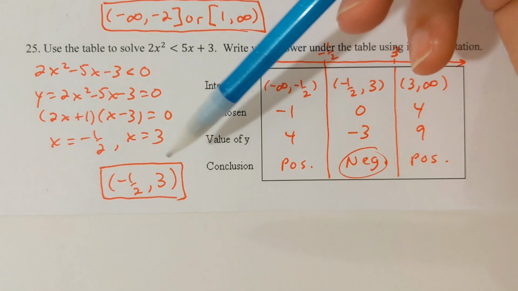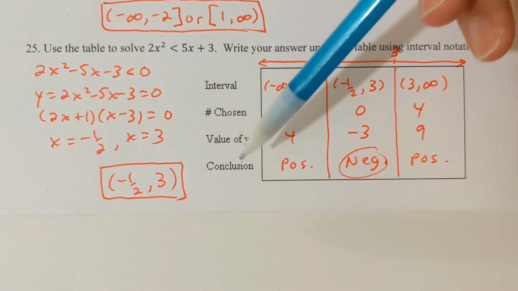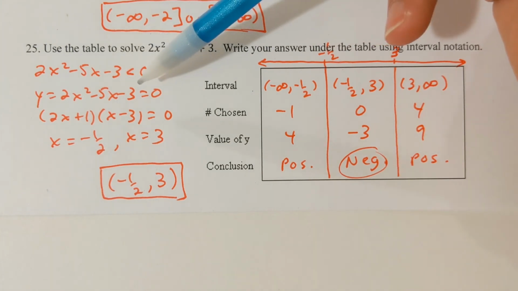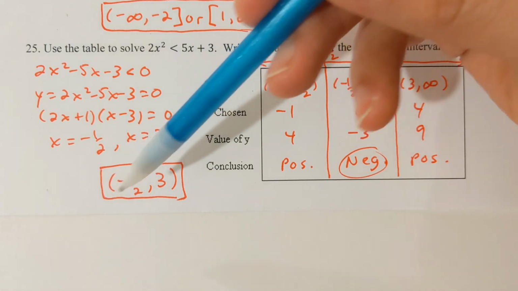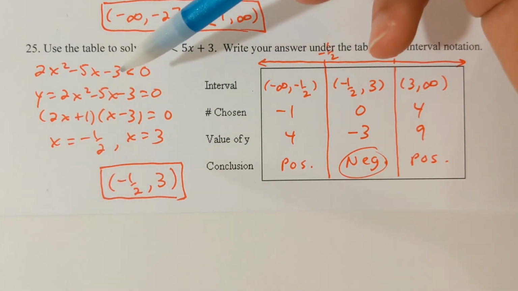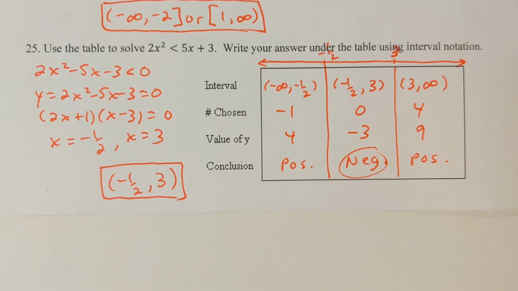Now, I would just simply write the interval down there. This is a strictly less than sign, right? So if it were less than or equal to, the only additional thing that I would do in my answer is to put brackets there. But this is a strictly less than, so I'd want parentheses there at both ends.